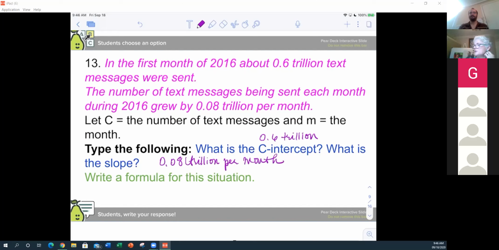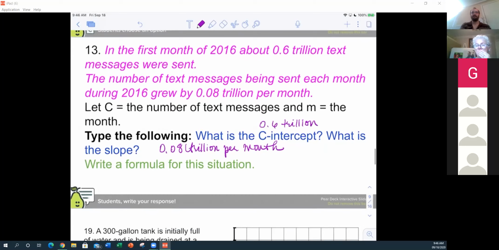Okay, so what's the formula? Timothy, since you're with me on this. C equals 0.08, 2016. Okay, I'm going to put C of M, right, forgot the variable, equals, tell me again.